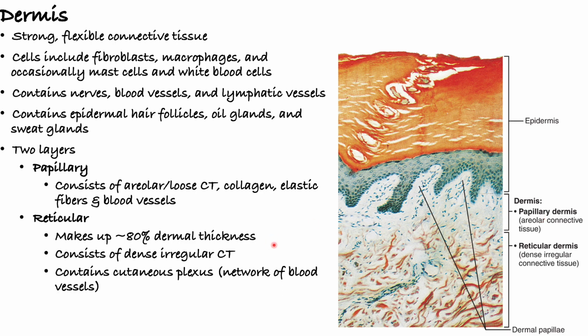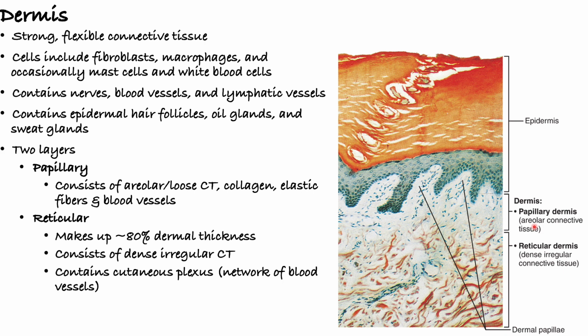The dermis is a strong, flexible connective tissue made up of the two connective tissues listed here. I mentioned the areolar connective tissue in the papillary layer, the dense irregular connective tissue in the reticular layer. But we're also going to see other types of cells there, like fibroblasts and macrophages, which help clean that area up. And occasionally we might see some mast cells, some white blood cells.